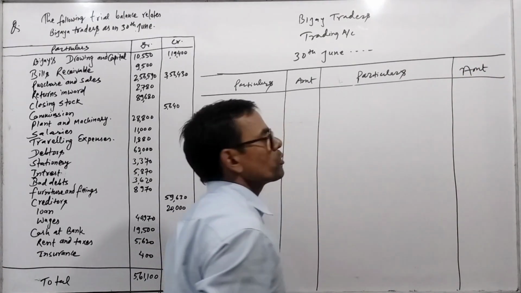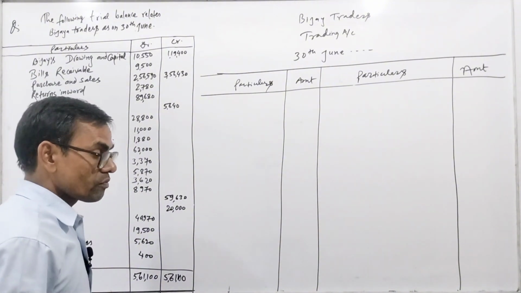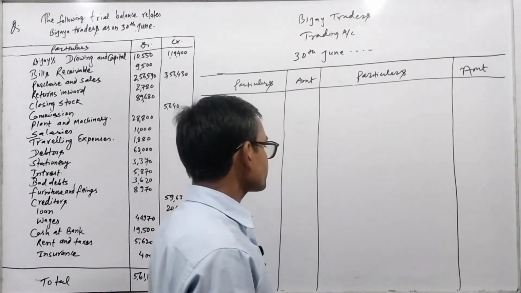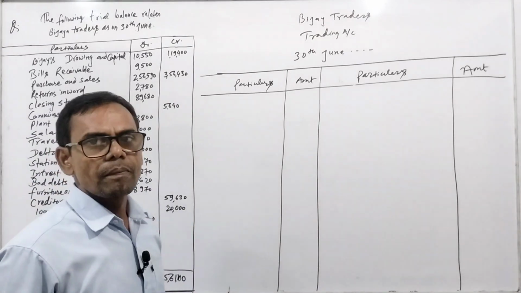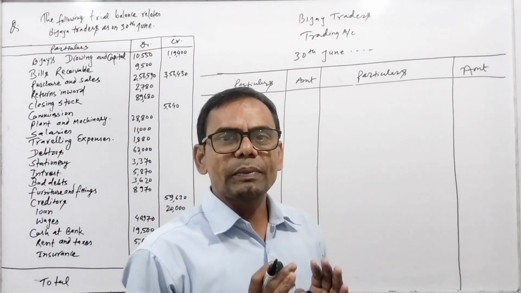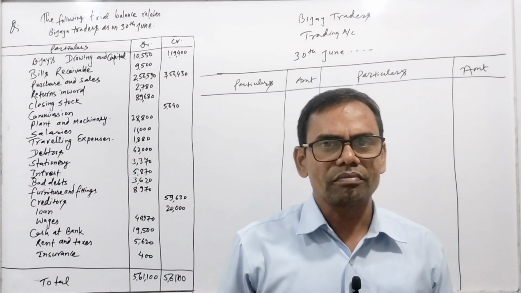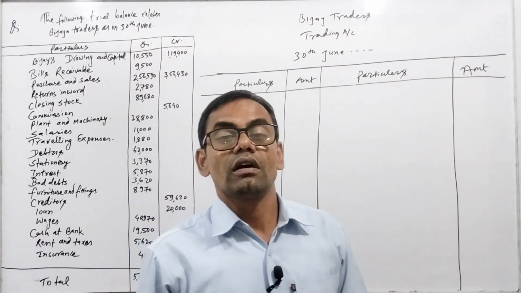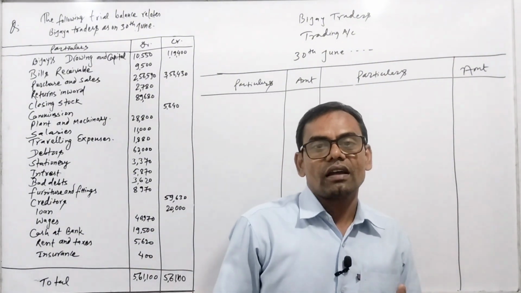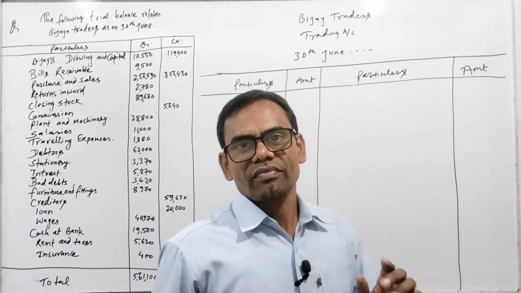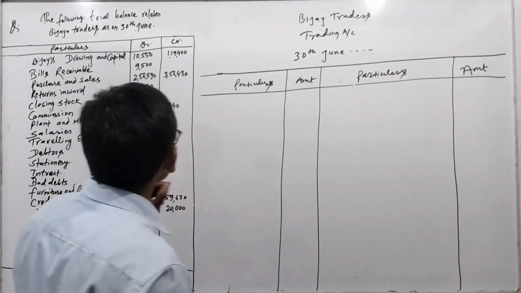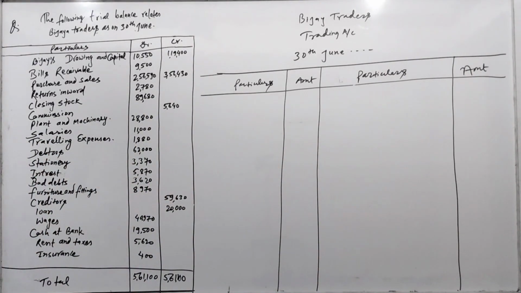And first you have to prepare trading account. In trading account, in debit side you have to write expenditure of purchase, manufacturing expenditure, factory expenditure and all the direct expenditure. So you have to search first opening stock. Is there anywhere opening stock?